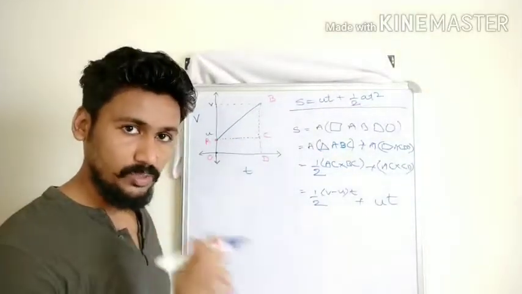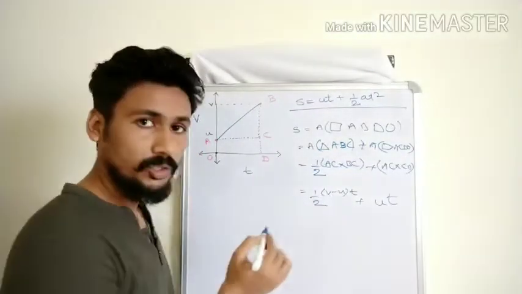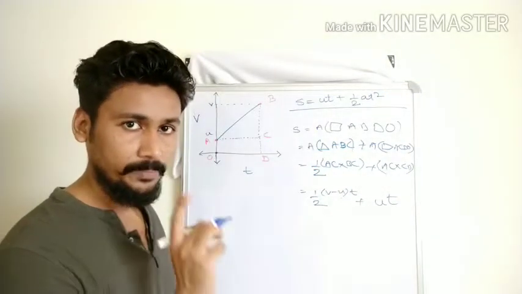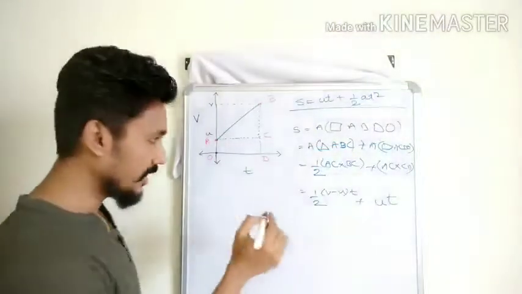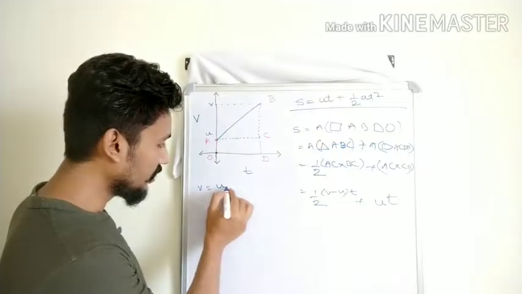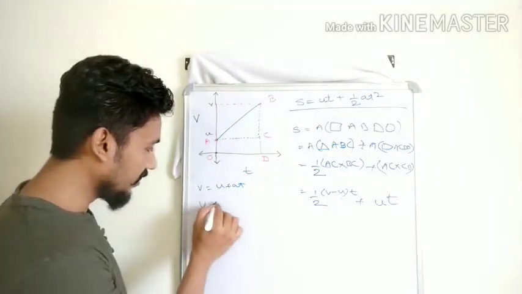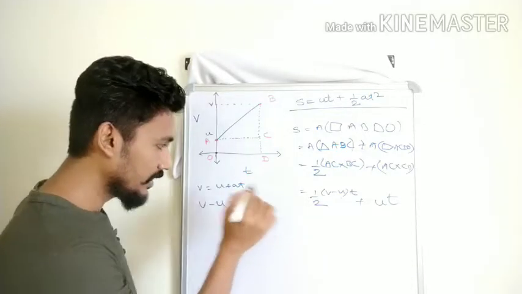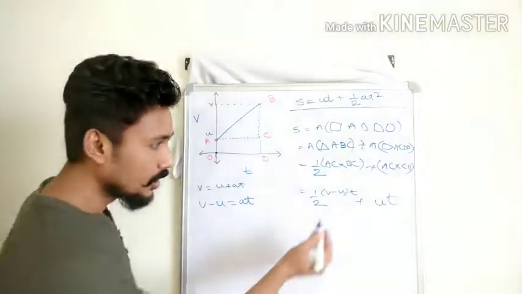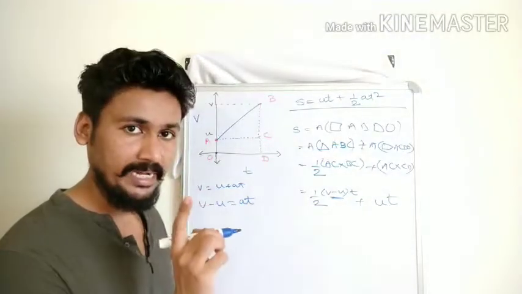From the previous relation you can see that V minus U is nothing but A into T. How? Previously we have derived V is equal to U plus AT, so if you rearrange this, I will get V minus U is equal to AT. So this V minus U we can actually write as AT.